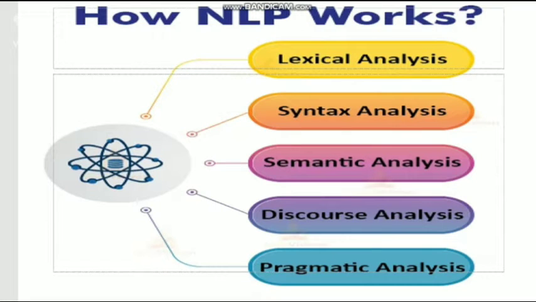Now we will see how NLP actually works. There are five stages of the whole process of NLP. The first one is lexical analysis. The second one is syntax analysis.